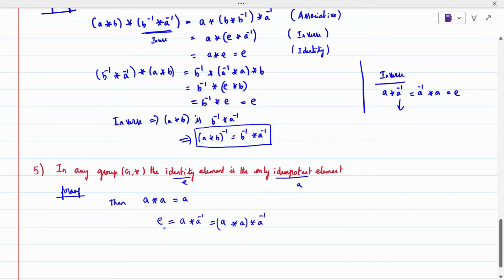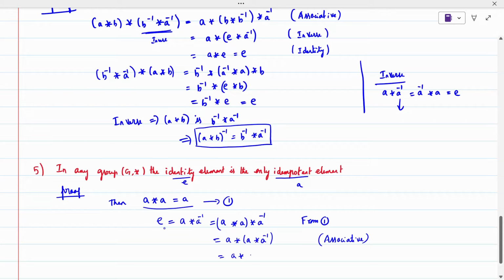What I have written, this I keep as first. From first, this A I have written as A star A. Now change the bracket: A star A star A inverse, using associative. To understand, I am writing how it's coming.